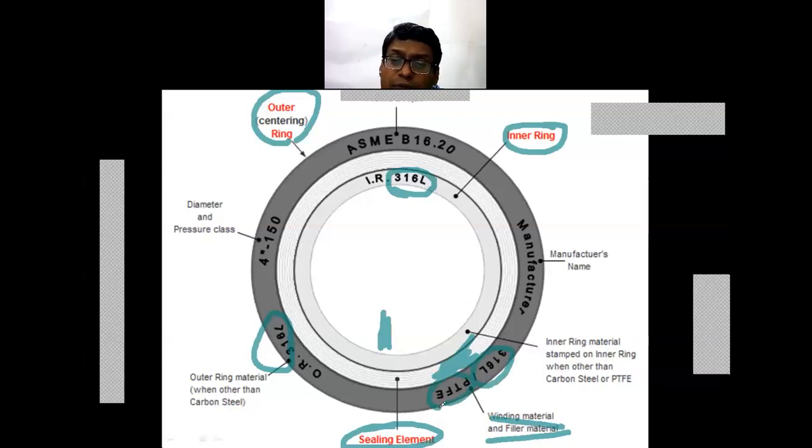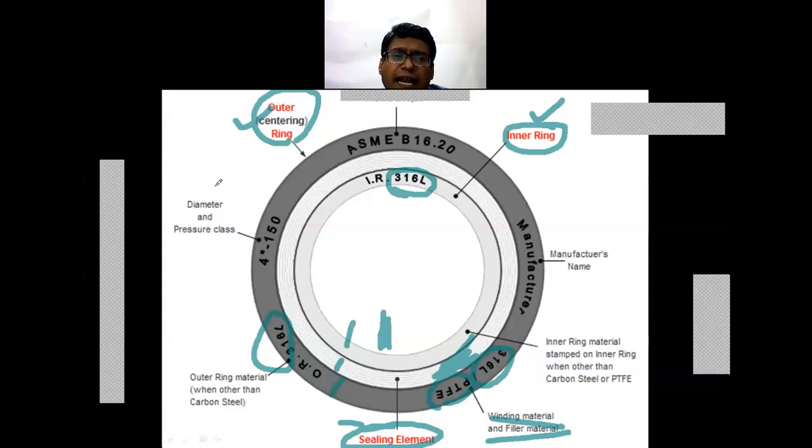So this is the arrangement, and it is not necessarily always that there will be the inner ring, the outer ring, and a spiral sealing element. It is not always that all three components will be there. There can be the sealing element and the outer ring only. Generally the outer ring is available, and the inner ring may or may not be there.